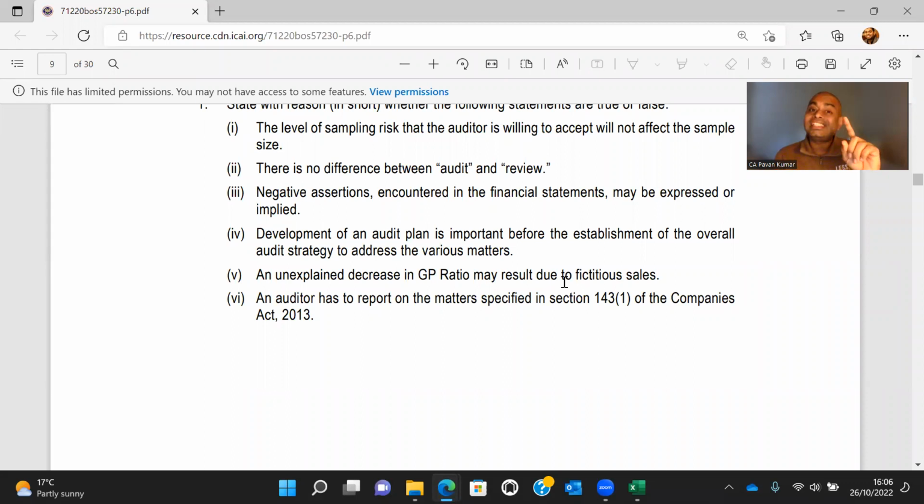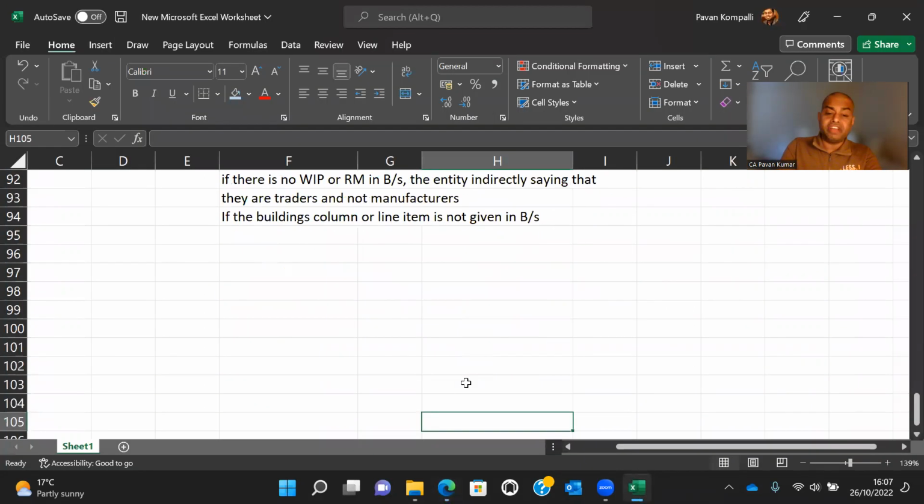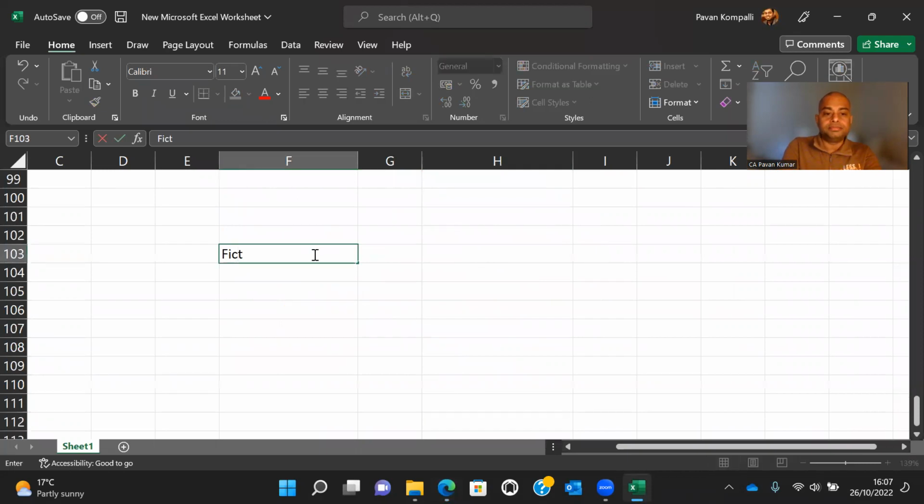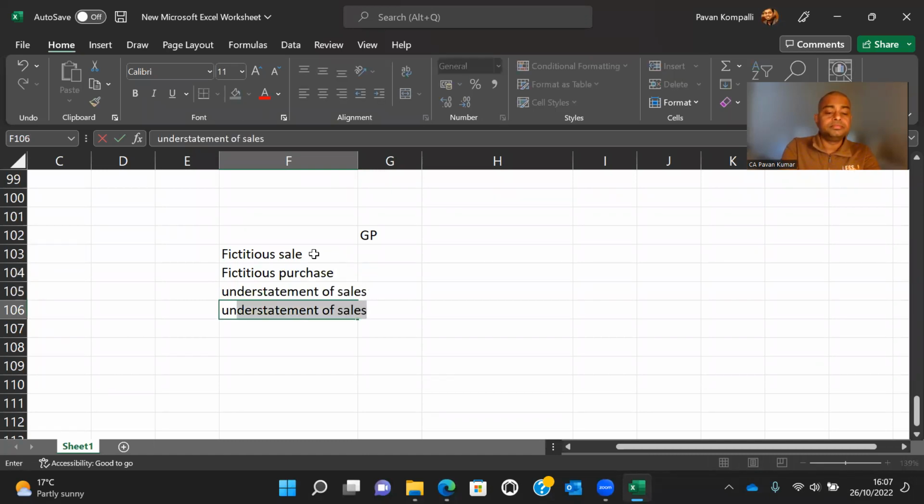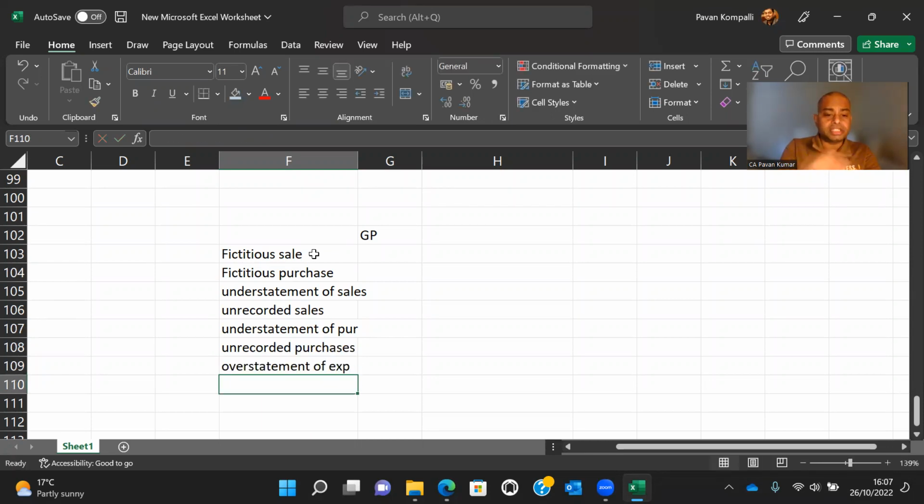Fictitious purchases. See, all these questions can be asked. You should be very, very careful. Fictitious sale. Fictitious purchase. Understatement of sales. Unrecorded sales. Understatement of purchases. Unrecorded purchases. Overstatement of expenses.